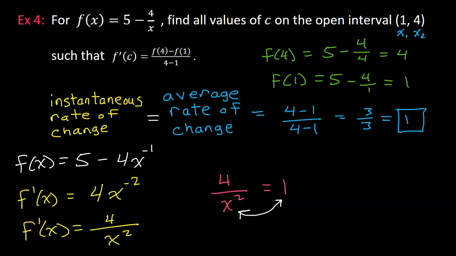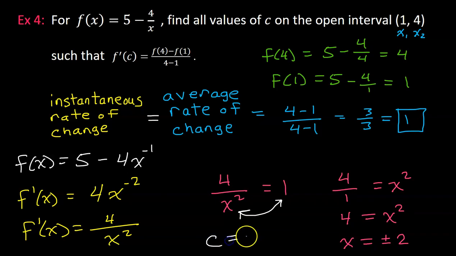If you do that, you get 4 over 1 is equal to x squared. So obviously that means 4 is equal to x squared. So we get x equals plus or minus 2, but only one of these is in the interval 1 to 4. So ignore the negative 2, and we can see that c is equal to positive 2.